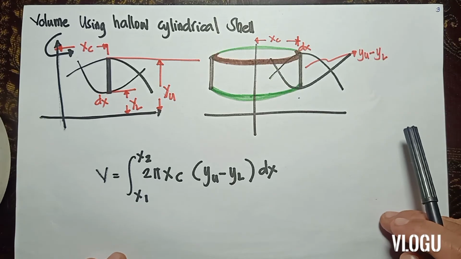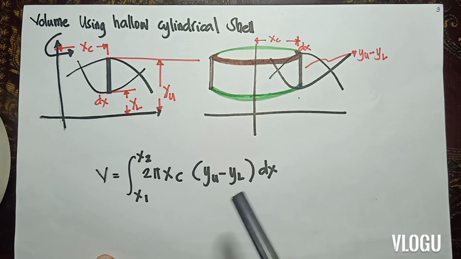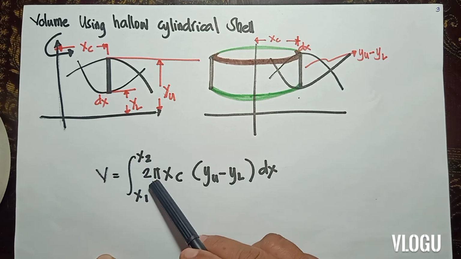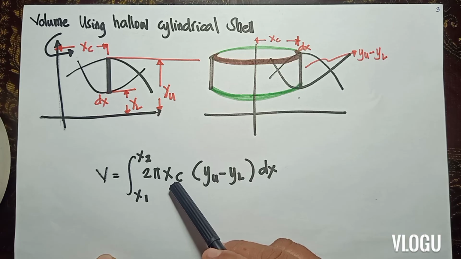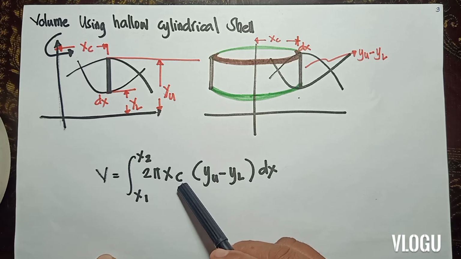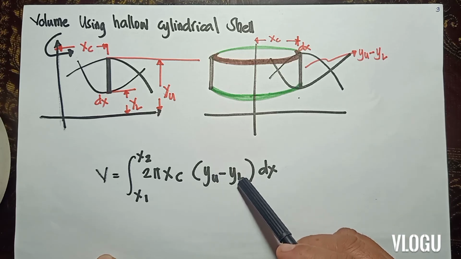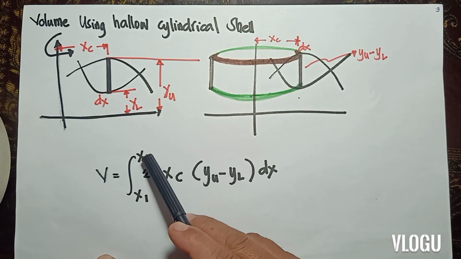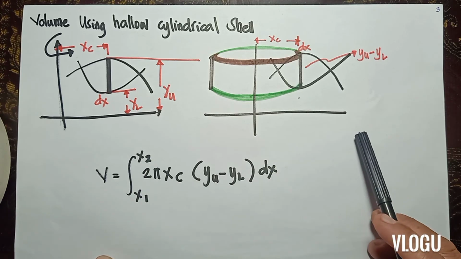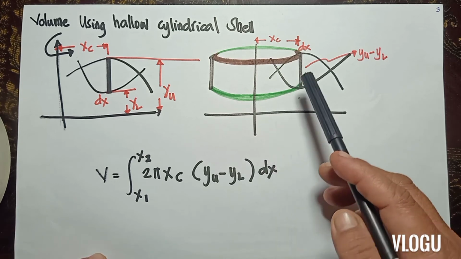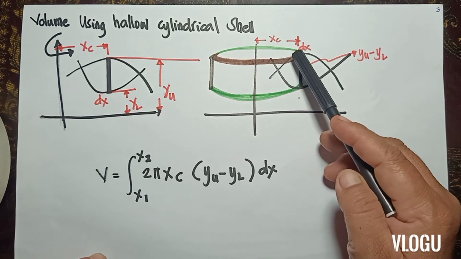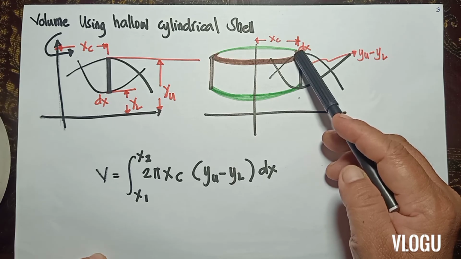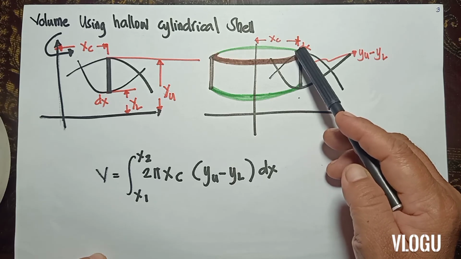To find the volume for that, we have volume is equal to the integral of 2 pi x sub z, y up minus y down, dx, evaluated from x sub 1 to x sub 2. As you can see here, x sub z is the radius of the cylindrical shell that is being formed.